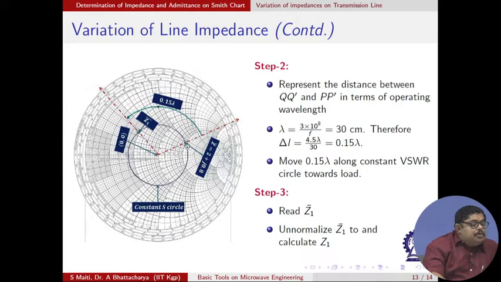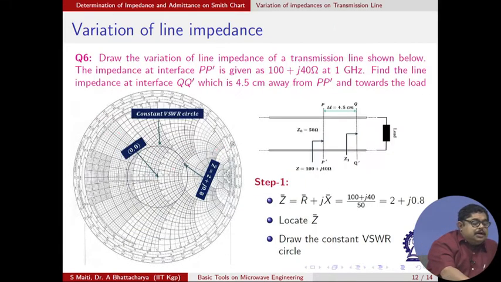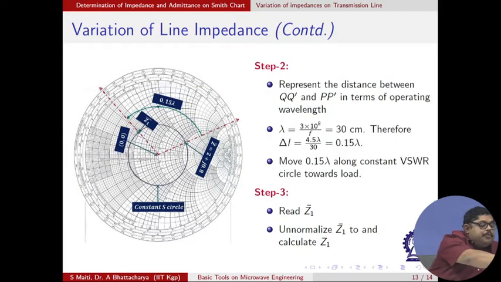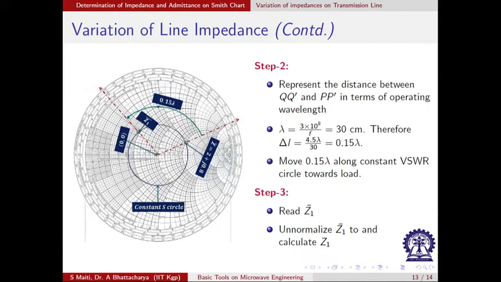So from the earlier point which you located, that Z1 point, you now have to move towards the load by an amount of 0.15 lambda. In a Smith chart, towards load means anti-clockwise.